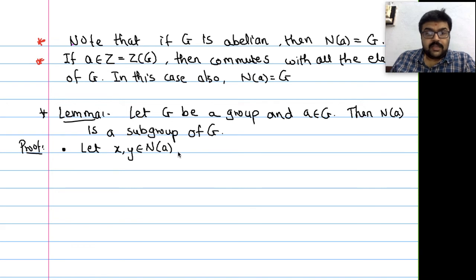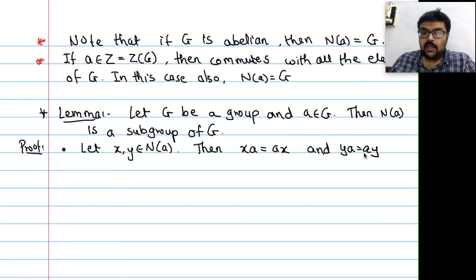So X and Y in NA, this means XA equals AX and YA equals AY. X commutes with A, that means XA equals AX. Also Y is in NA, so Y commutes with A, so AY equals YA. Now what we have to show is XY is in NA.